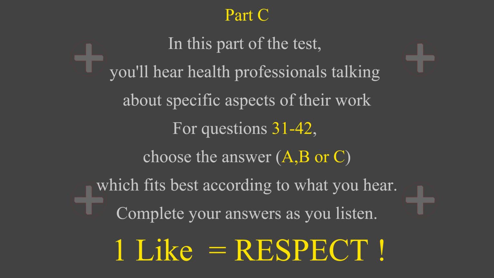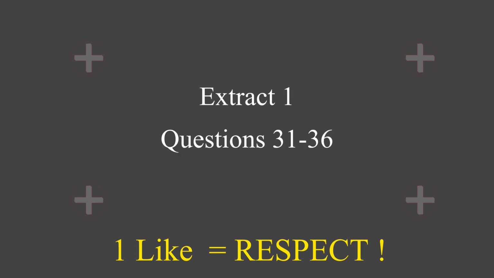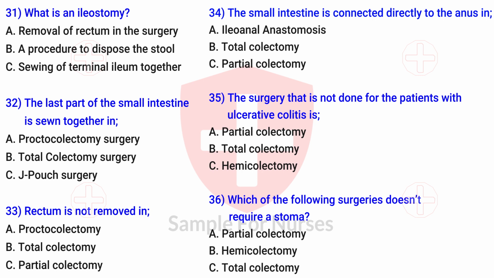Complete the answers as you listen to the audio. Now, look at Extract 1. Extract 1, questions 31 to 36. You hear the lecture given by a physician on colectomy surgery. You have 90 seconds to read questions 31 to 36.